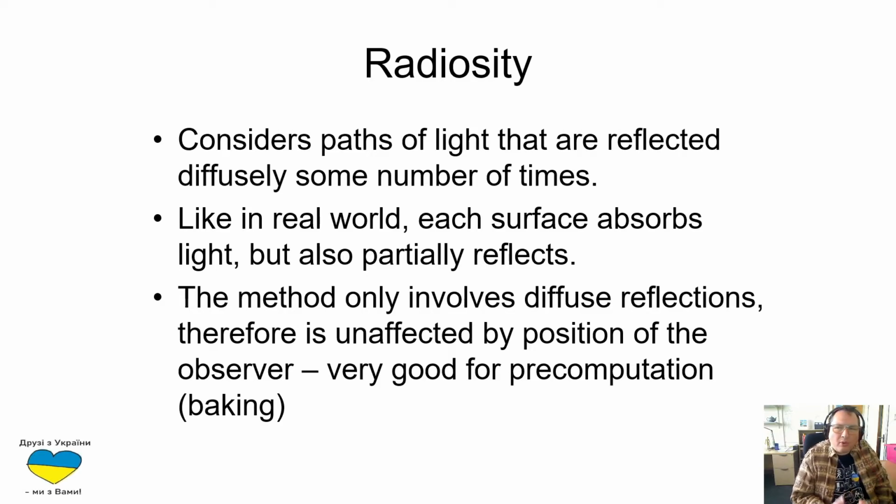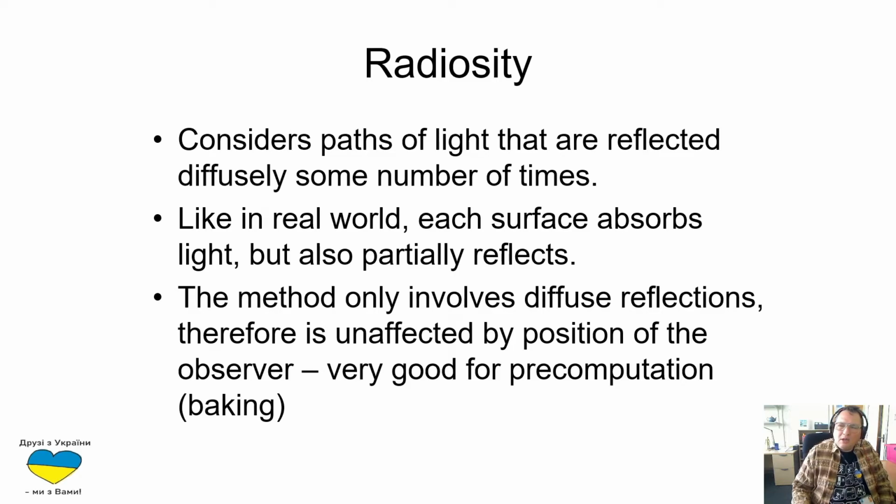So even though radiosity is incredibly time-consuming, it is also quite good for pre-computation or baking. So you can create fantastic scenes which are relatively cheap in terms of real-time rendering.